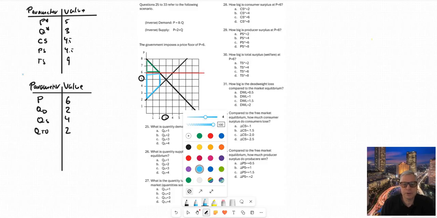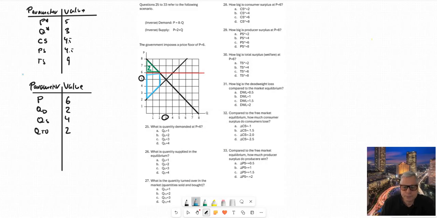So this area is 2, then this square is 4, and this triangle is 2. So now we know that consumer surplus is only 2, which is a reduction of 2.5.